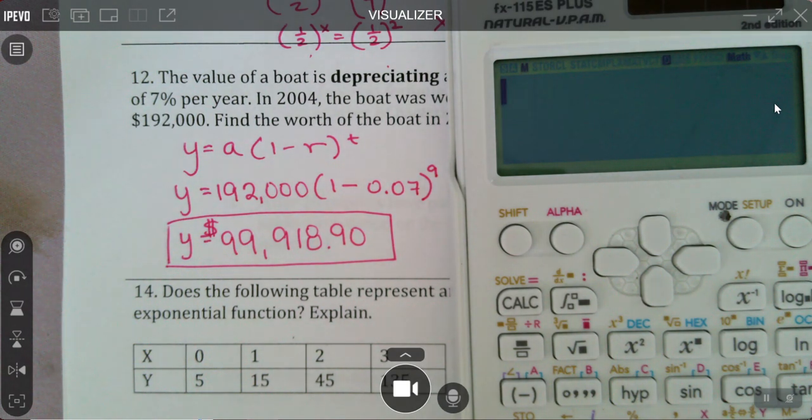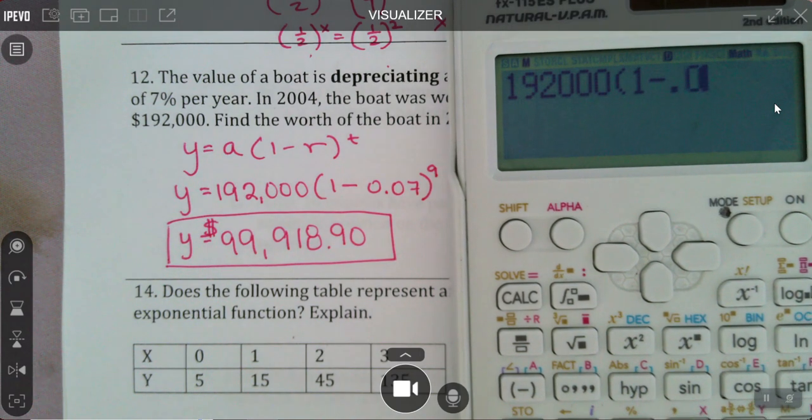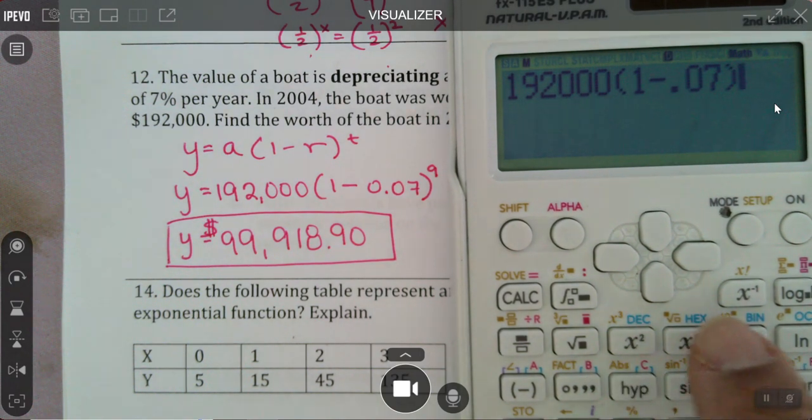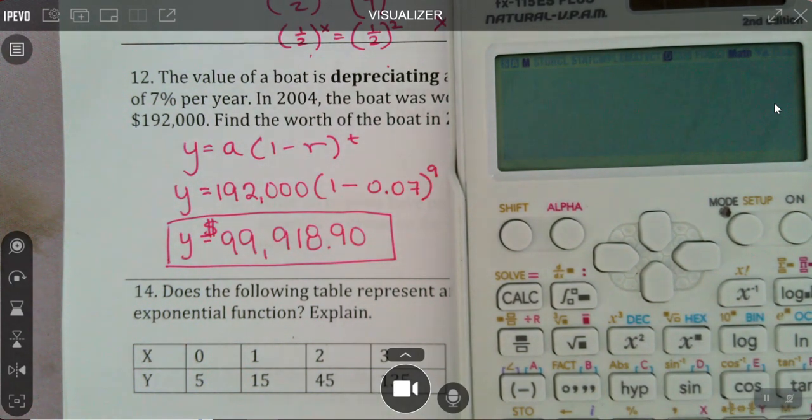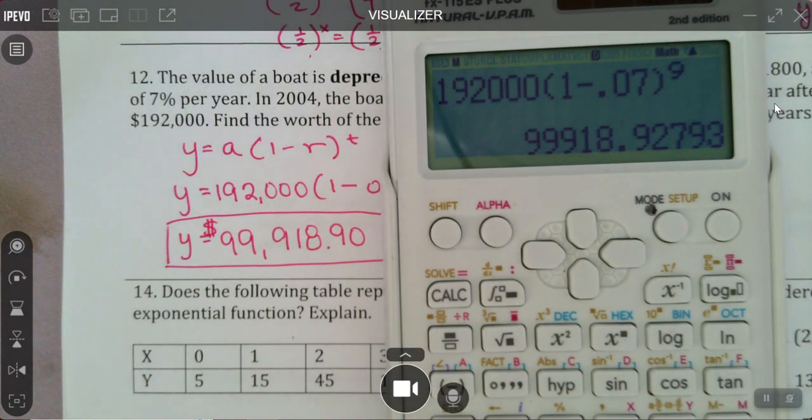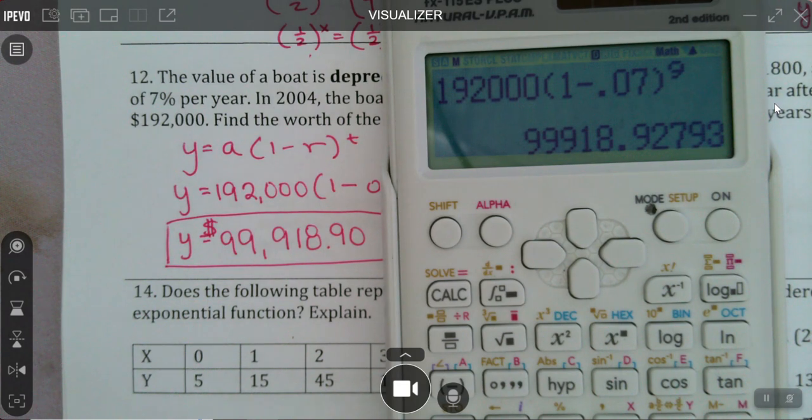What is this? .93. 0.93. Are we clear? 0.93 is 93 cents.